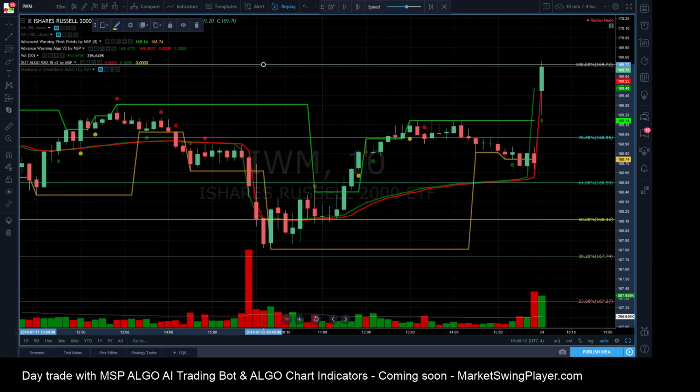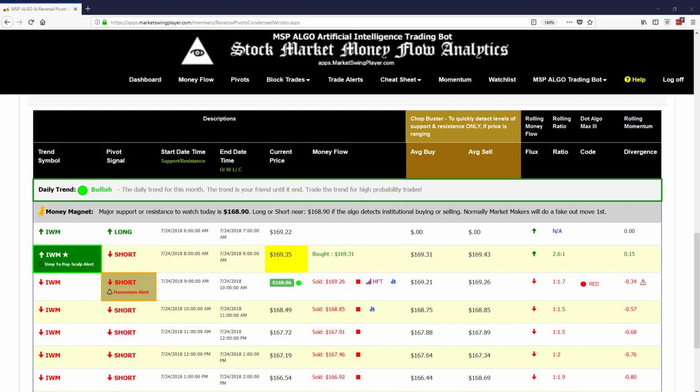Should I go long? Should I go short? So I'm gonna ask for some assistance from MSP ALGO. But looking at the chart, it really looks bullish. Let's see what MSP ALGO has to say.